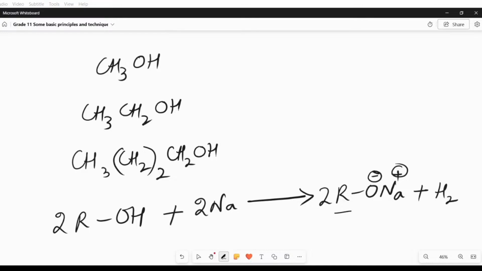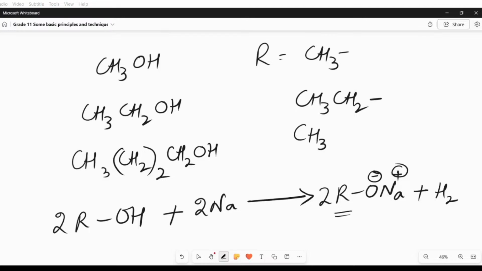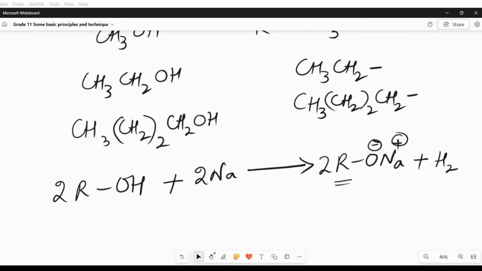What is this R? R can be CH3, or CH3CH2, or it can be CH3CH2CH2. So what is a common thing here? Any alcohol, when it reacts with sodium metal, a molecule of hydrogen is liberated.